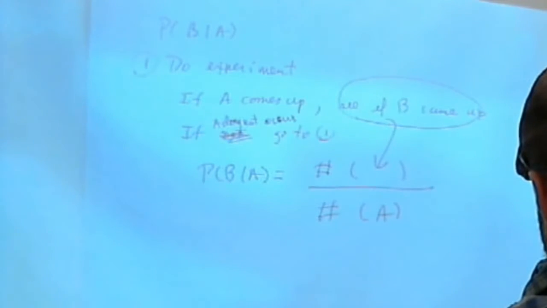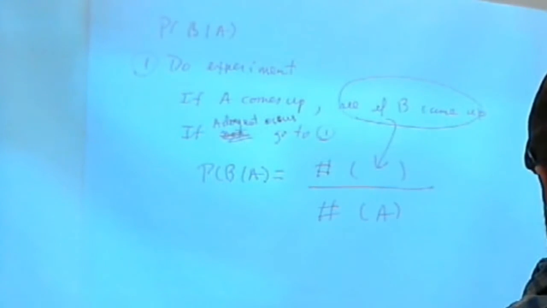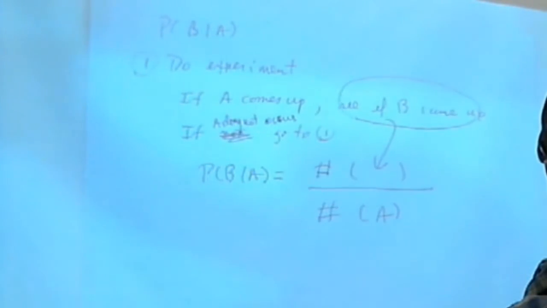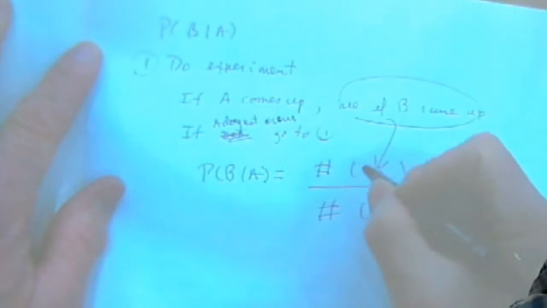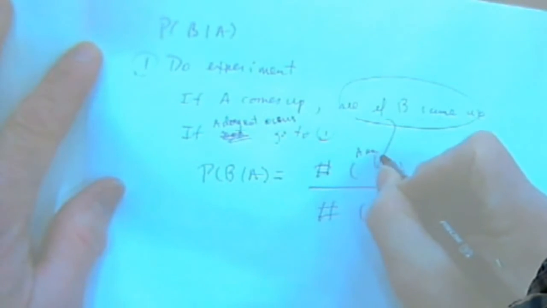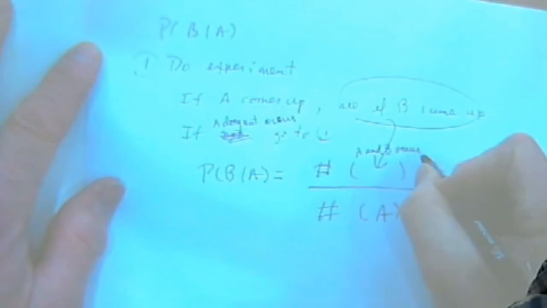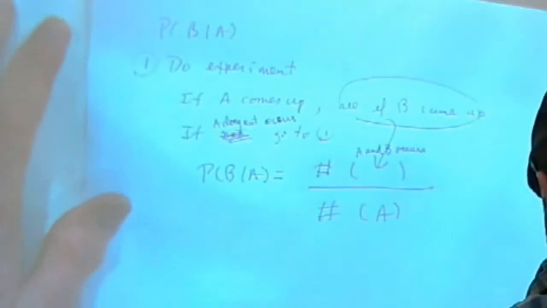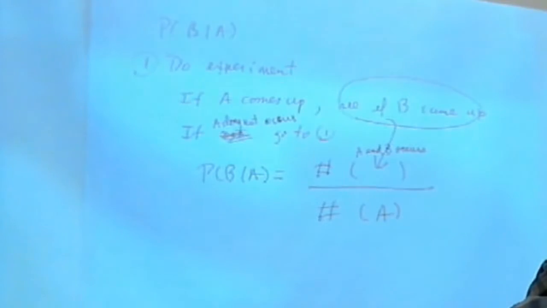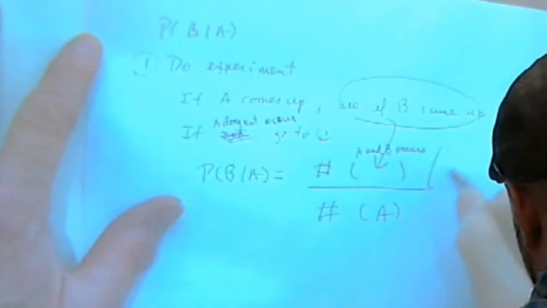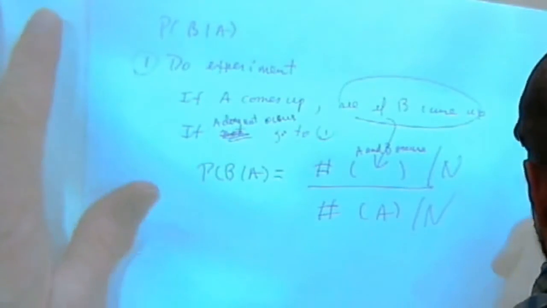The number of times they both occur, the number of times A and B occurs. Then I'm done, and I have my definition.